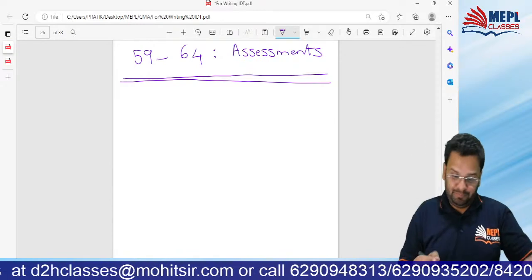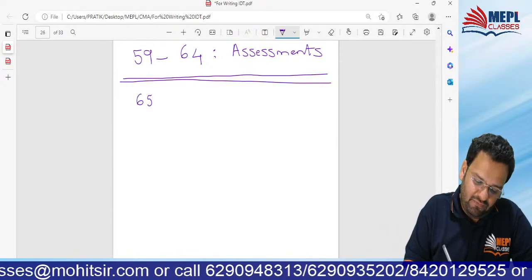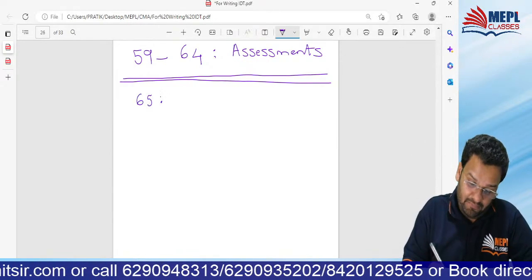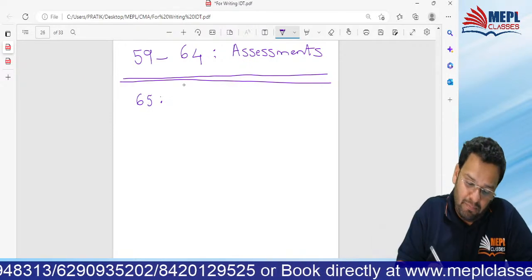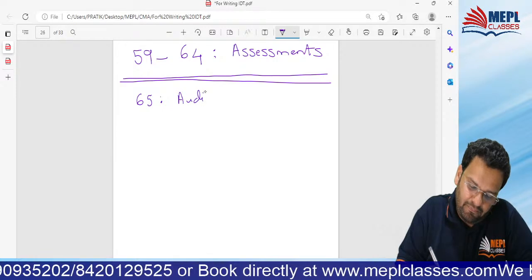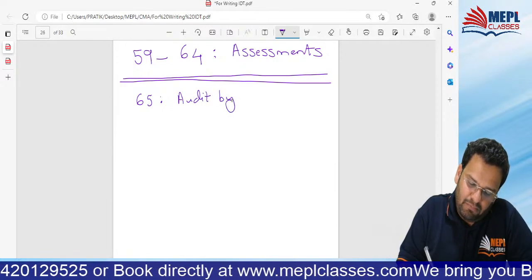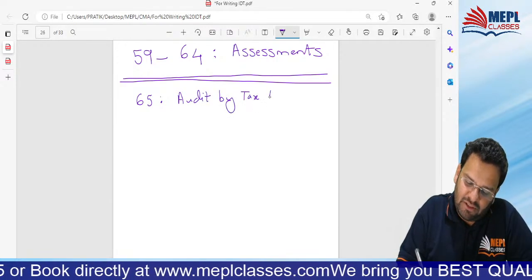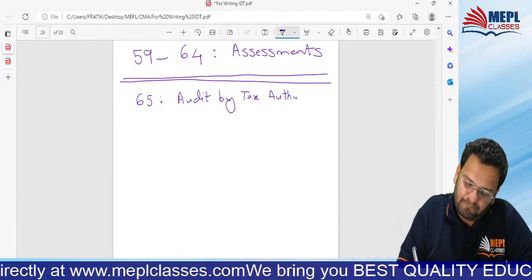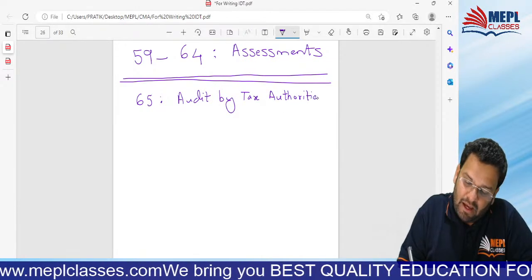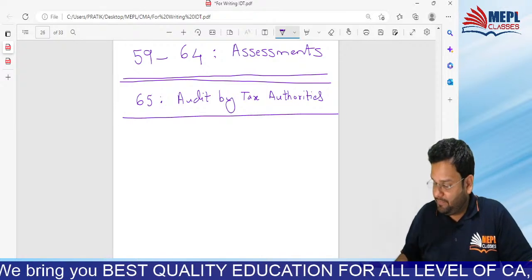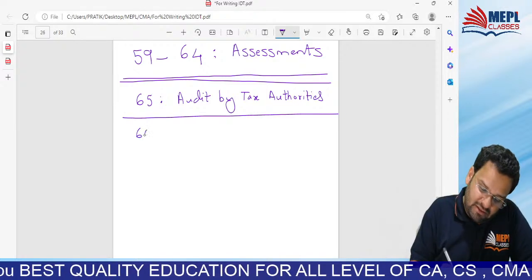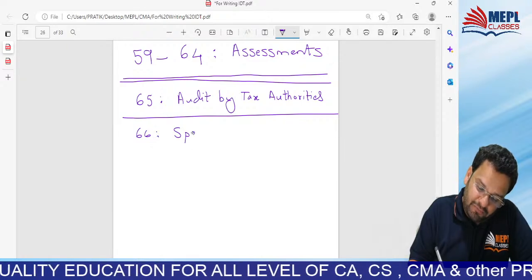Going ahead, 65 is audit. It is general audit, meaning audit by tax authorities. And 66 is something called special audit.